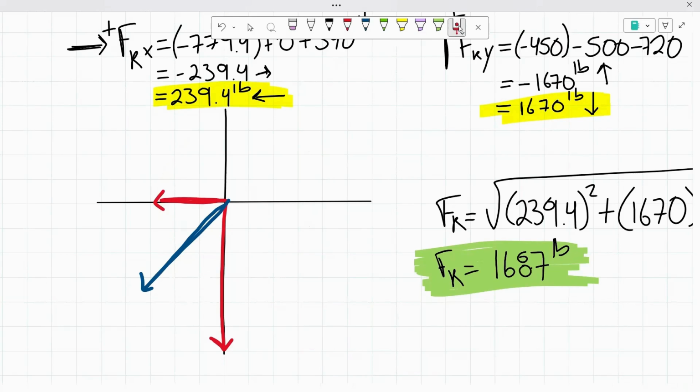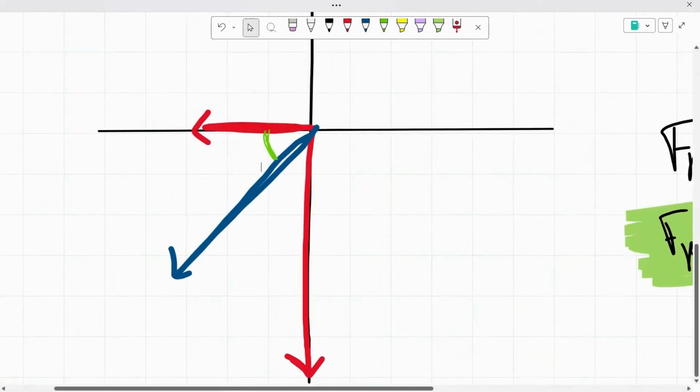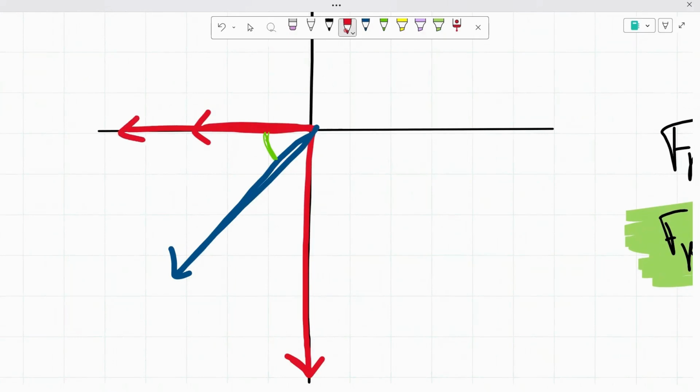So based off this figure that we have here, we know that this is a full 180 degrees. So what we could do is simply find this angle right here and sum that to 180, giving us the full direction of our resultant force. To do that, we're going to use our little image right here and draw a triangle out of this. So we're going to extend that out just a bit more.